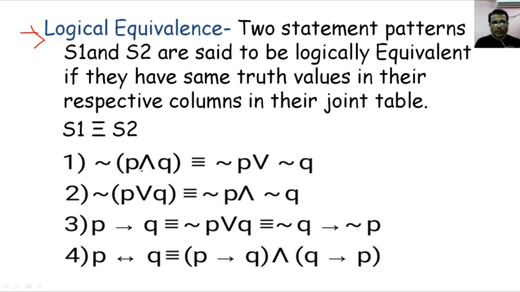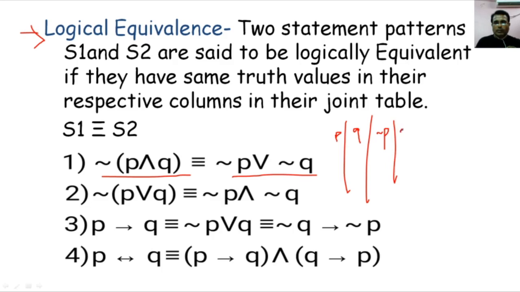Suppose we are considering negation of P and Q, and negation P or negation Q. So here I am considering statement P, here statement Q, then here negation P, then here negation Q, and now we are going to consider some operations that are expected.